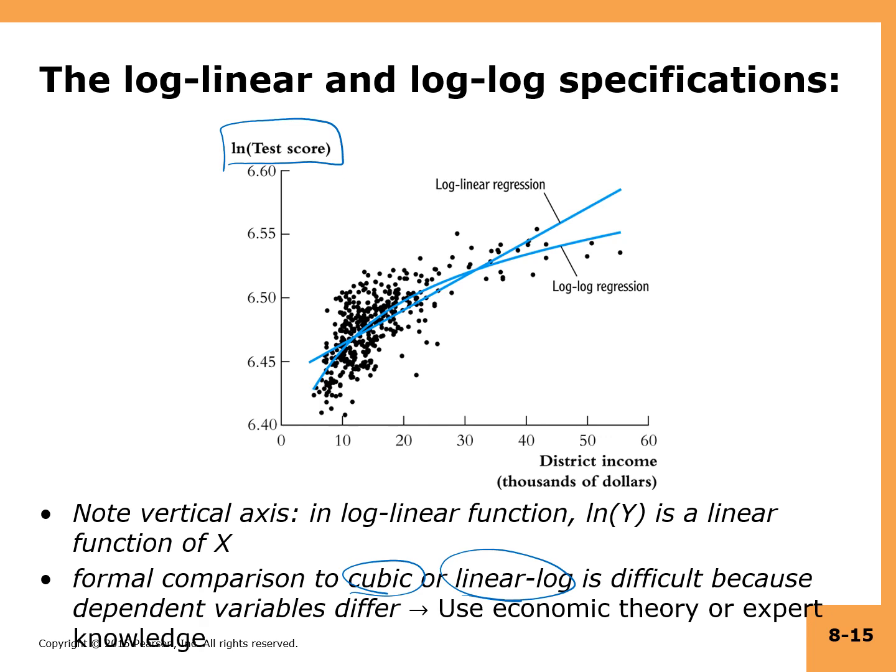But in our case of the cubic or linear log model, the dependent variable is just y, whereas in our log linear or log model, the dependent variable is log of y. So you cannot compare the adjusted R-square of the cubic or linear log model, where the dependent variable is y, to the adjusted R-square of the log linear or log model, where the dependent variable is log of y.